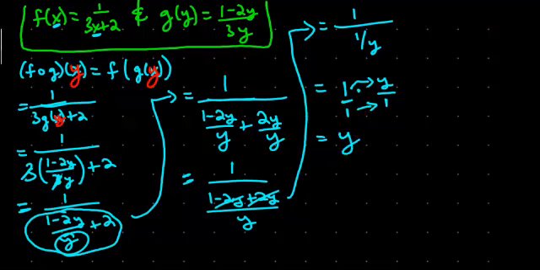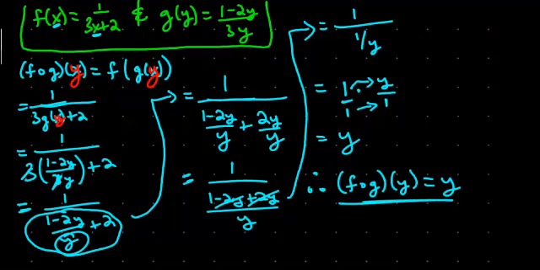So we just get y. Therefore, f composed with g of y equals y. So it yielded the identity function. That is, we plugged in y and it spit out a y. So there's a good hunch that g actually is the inverse function.